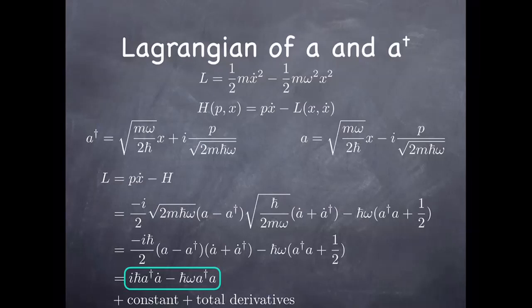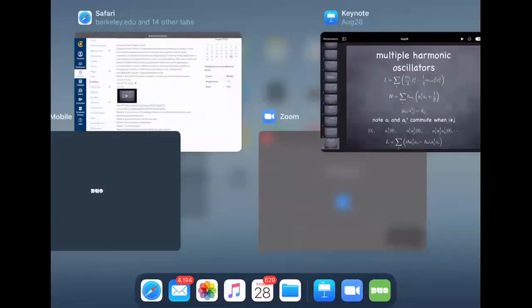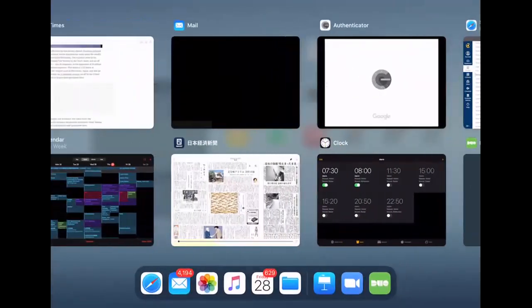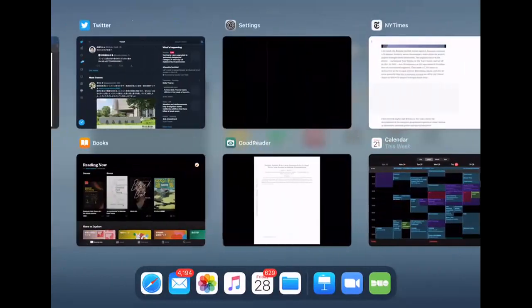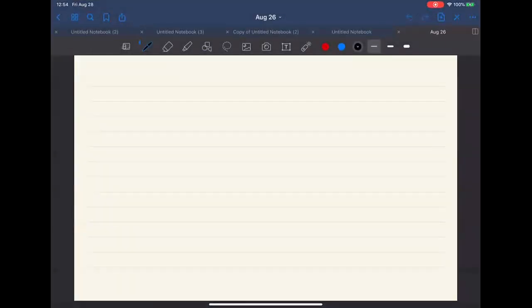Because as you might remember, the Euler-Lagrange equation is obtained by taking the variation of the action. The action is written as the time integral of the Lagrangian.